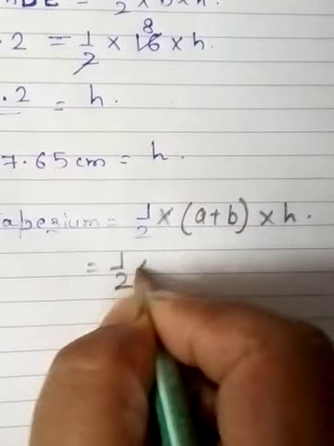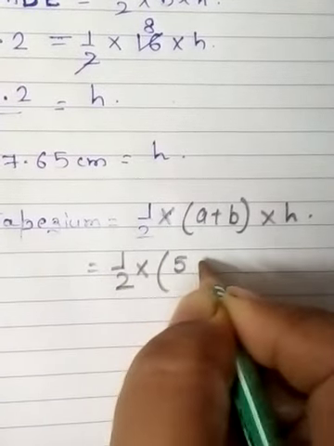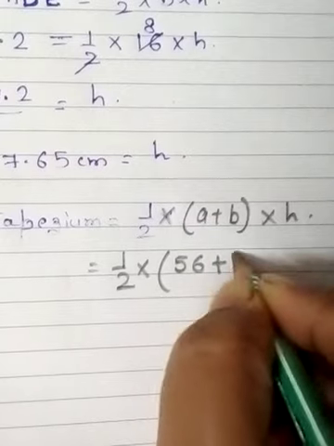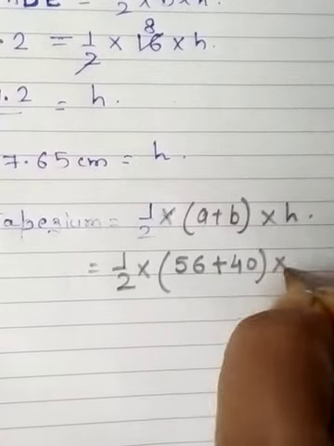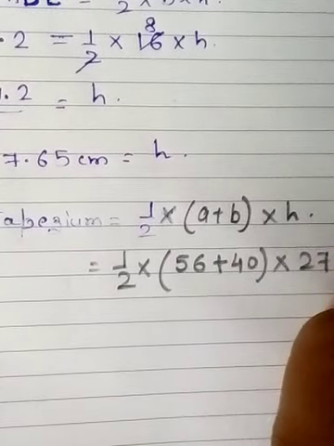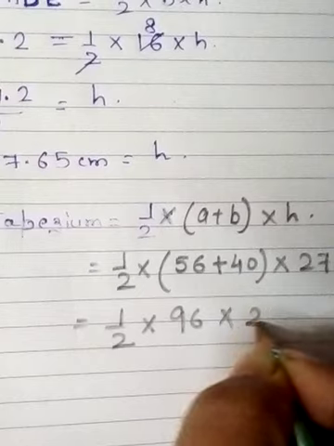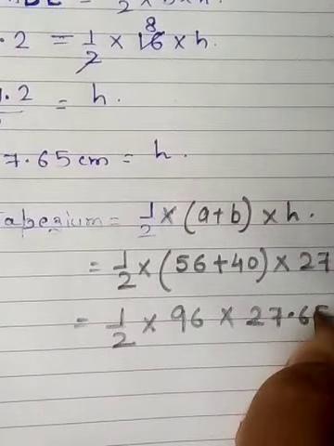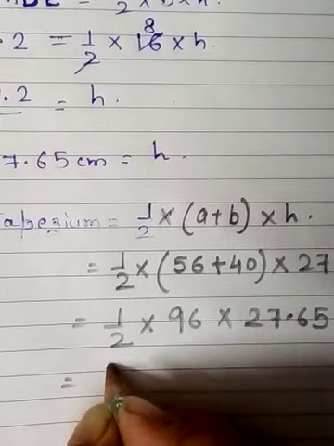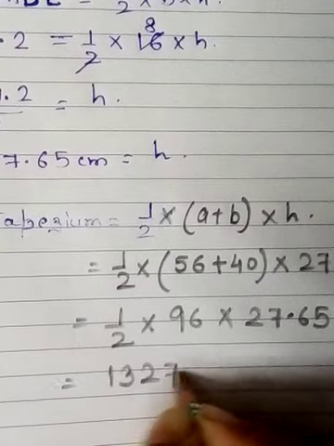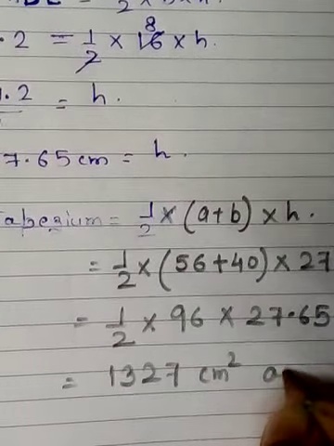That means half into 56 plus 40 into 27.65. That is, we will get here half into 96 into 27.65. So we'll get here 1327 centimeter square approx.